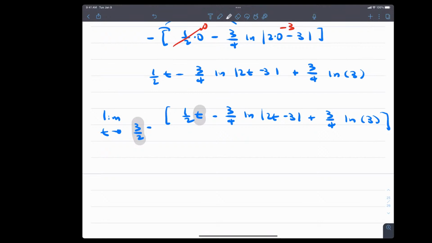So there's t there, t here, right? By properties of limits, I could do the limit. This is 1/2 times 3/2, 3/4, minus 3/4 times the limit as t goes to 3/2 from the left of natural log absolute value 2t minus 3. And then this is the limit of a constant, so it's just going to be your constant. Okay, you guys okay with that one?